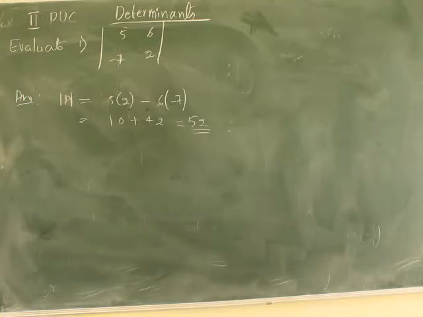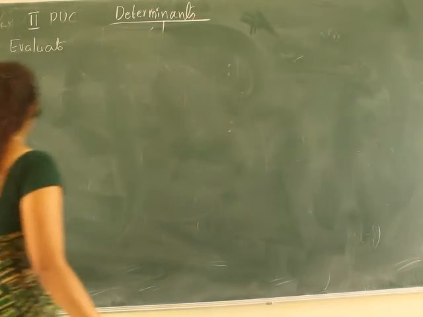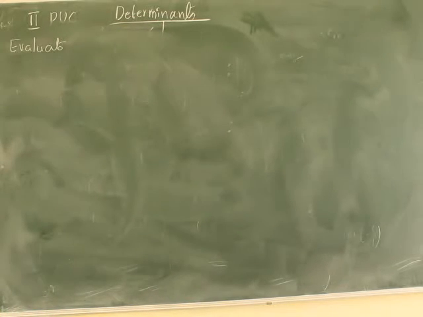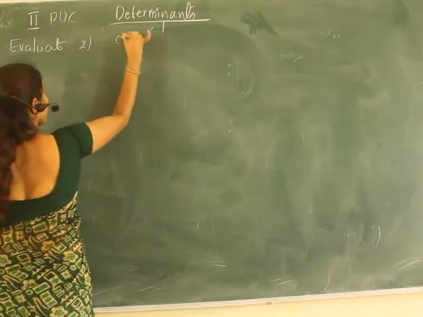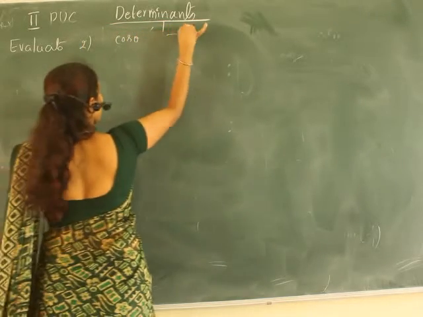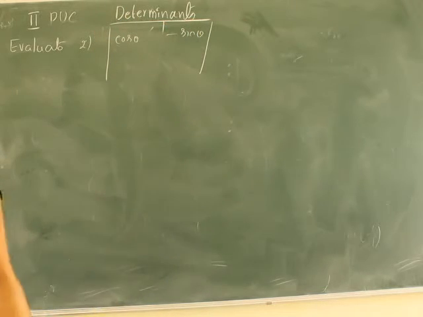So this is the one problem. A 2 by 2 is very simple. Remember always. Next one, evaluate the determinant of cos theta, minus sin theta, sin theta, cos theta.